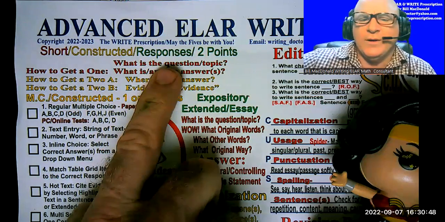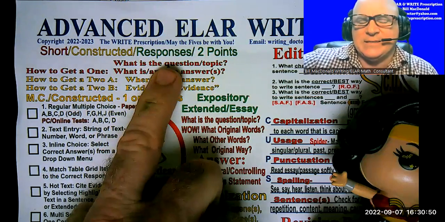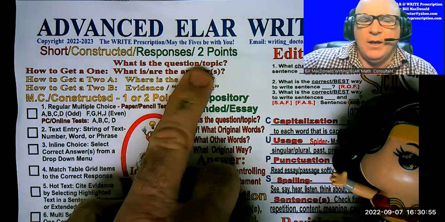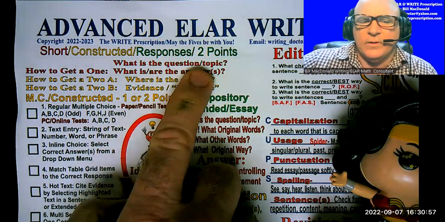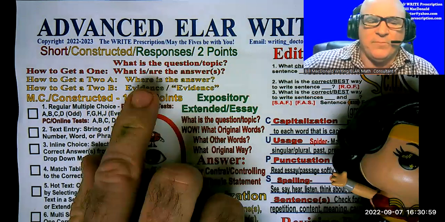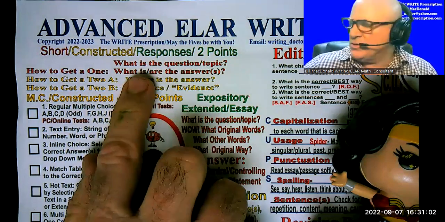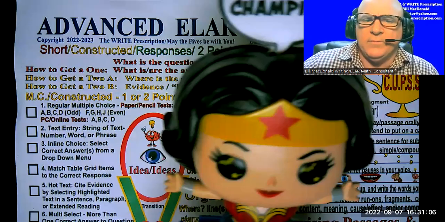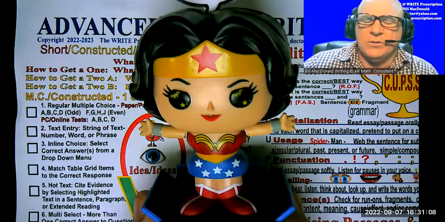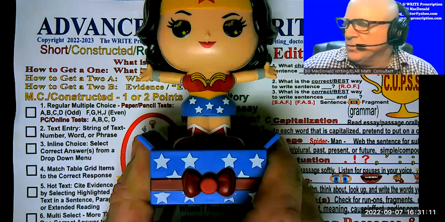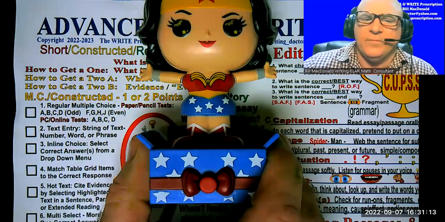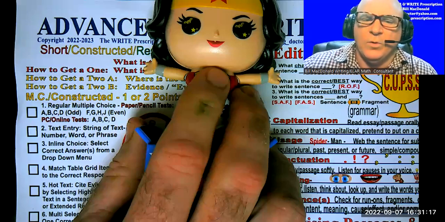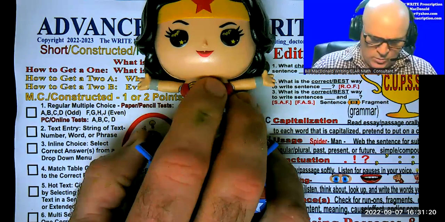And of course, what is the topic or TEKS, the Texas Essential Knowledge and Skills that it's about? And what is the answer? So 75% of the answers are still going to be just Wonder Woman. What is the question? Red light. What is the answer? Now, sometimes the answer is one part. So one idea.